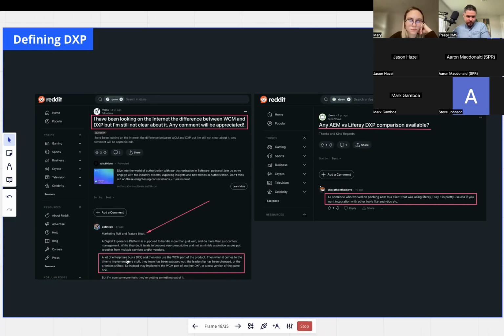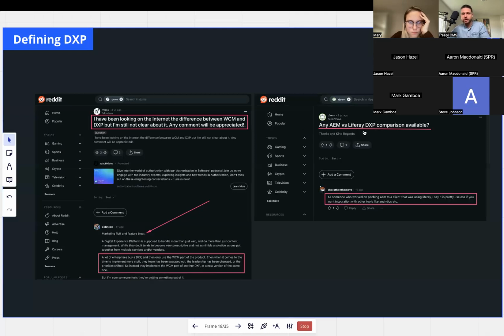A lot of enterprises buy a DXP and then only use the CMS, the web content management part of the product. Then when it comes time to implement more stuff, the team has been swapped out, the leadership has changed, or the priorities shifted. So instead they implement the WCM part in another DXP or a new version of the same one.